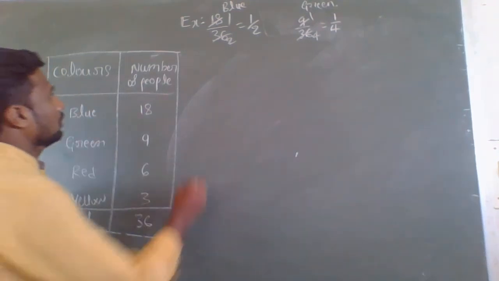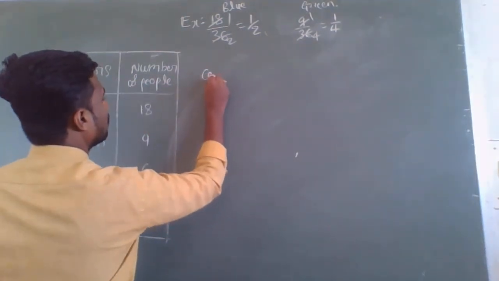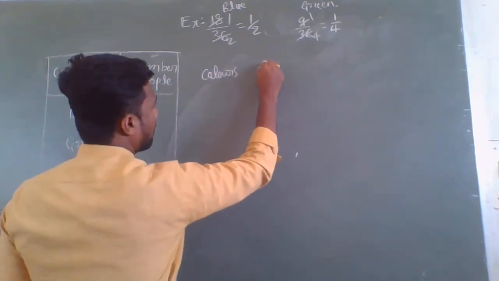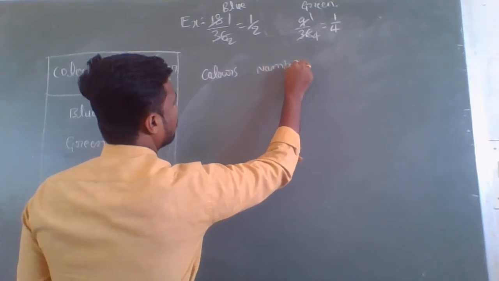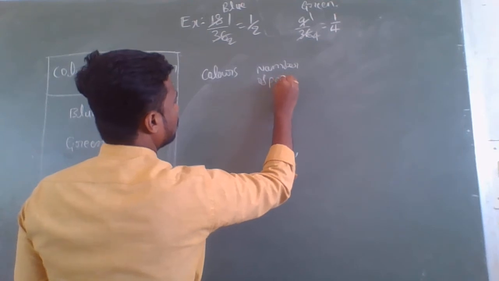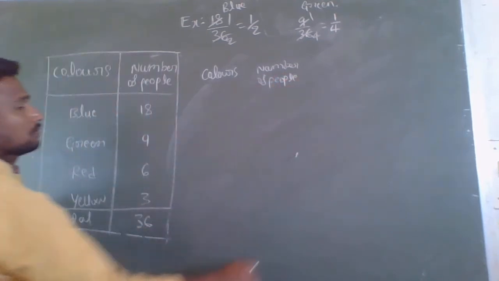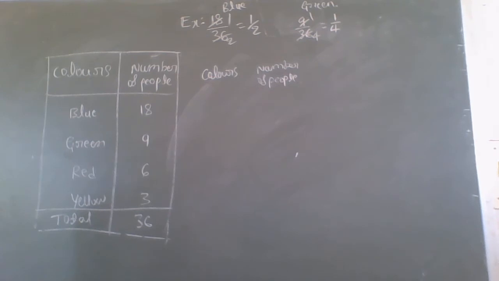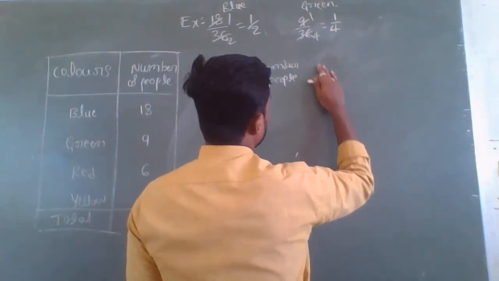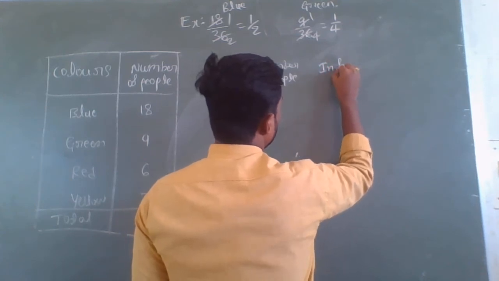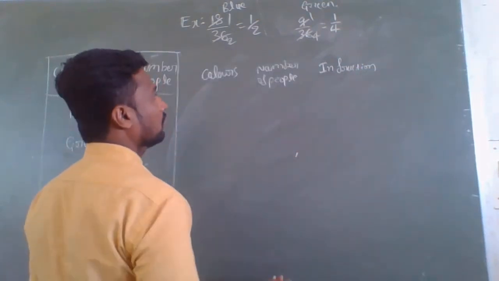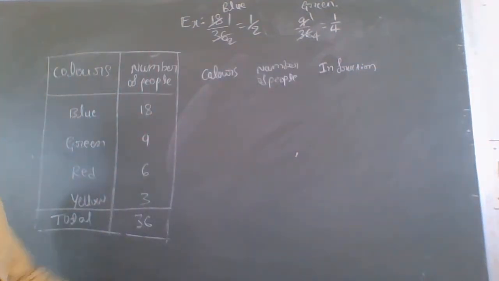So here, first they have given colors. After this, number of people. Next, we have to write this in fraction format, and we have to convert this into proportional values.